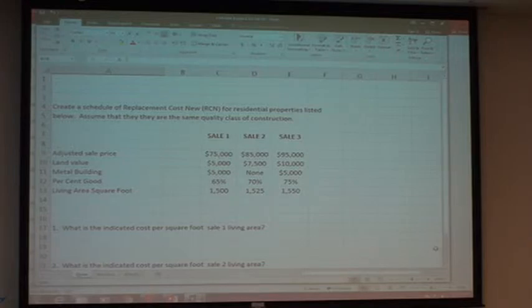See, if we build a cost schedule, we know that a 1,500 square foot house from 1,500 to 1,550 would kind of give us a range between, you know, 66, 72, and $68 a square foot for a cost.